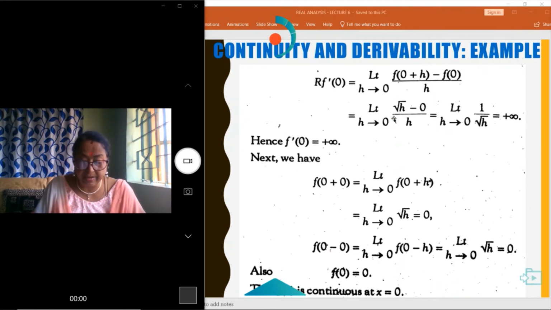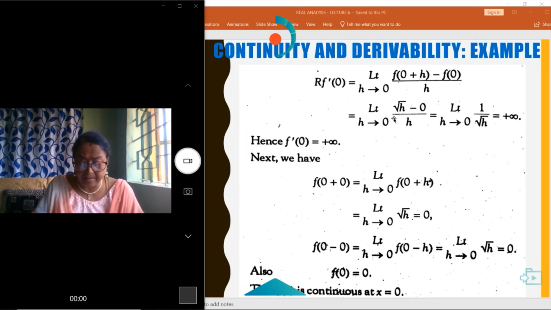Now, to show the derivability, we put the formula, that is f'(half) written with the left hand side as you see on your screen, and the left hand limit is 1, and similarly the right hand limit is equal to minus 1.